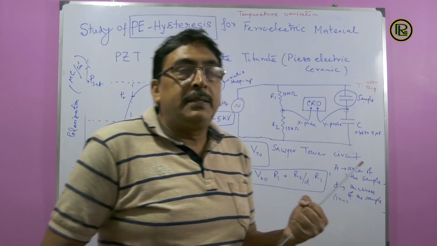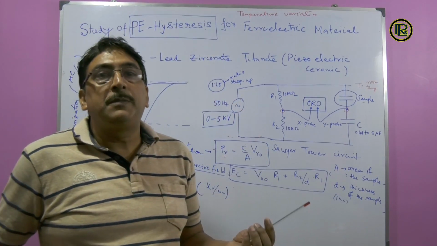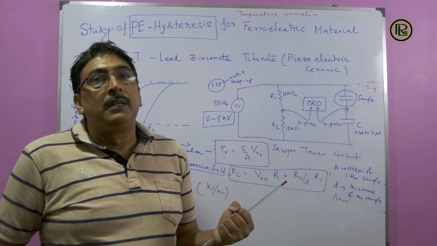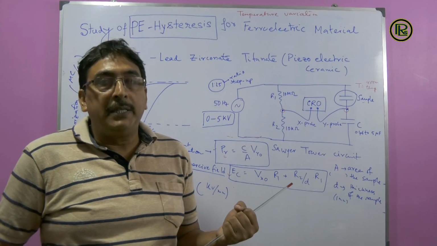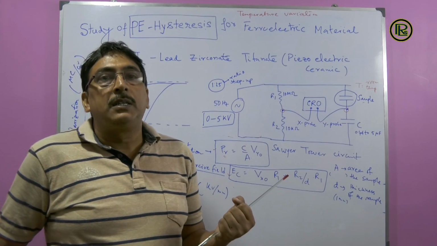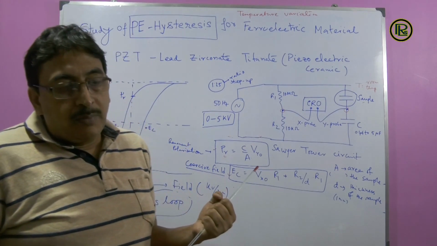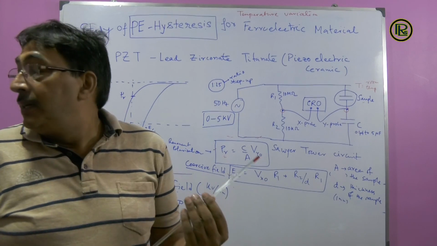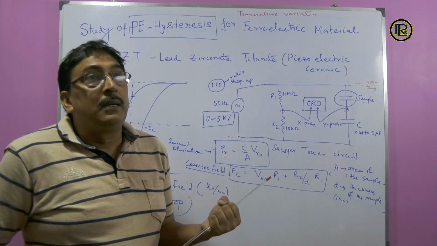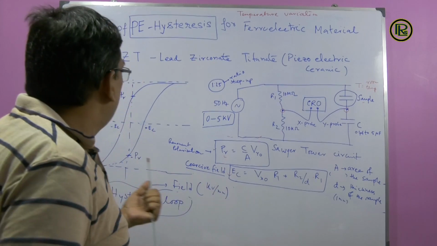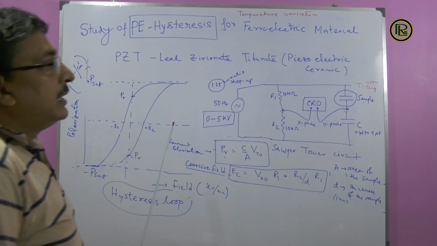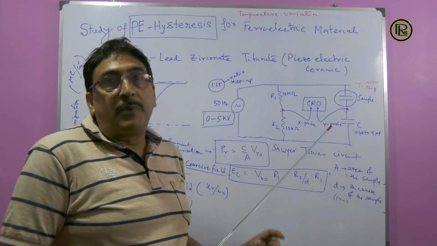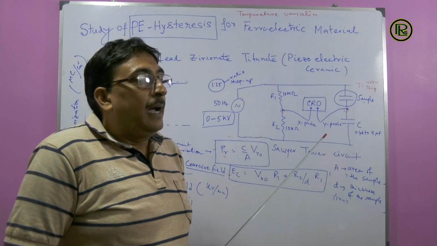The ferroelectric material has a very special characteristic called spontaneous polarization, and this spontaneous polarization reverses with the application of an electric field within a certain range of temperature.